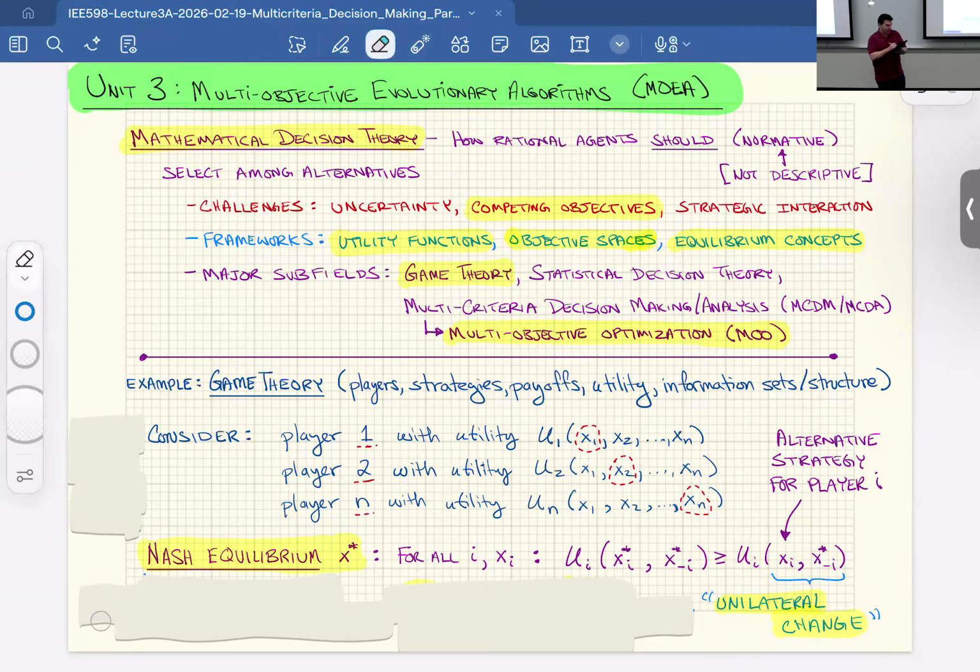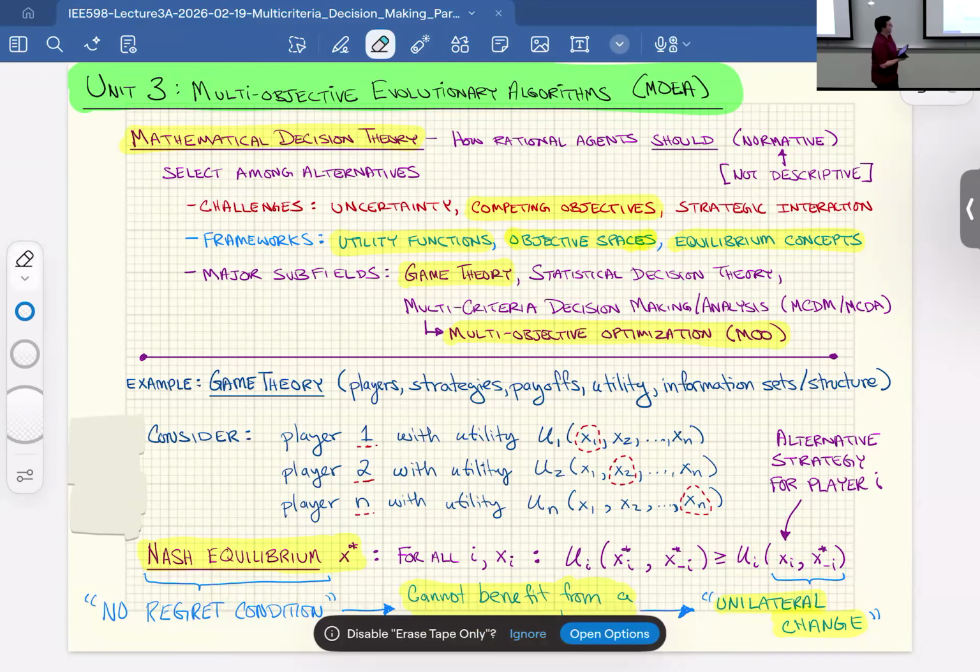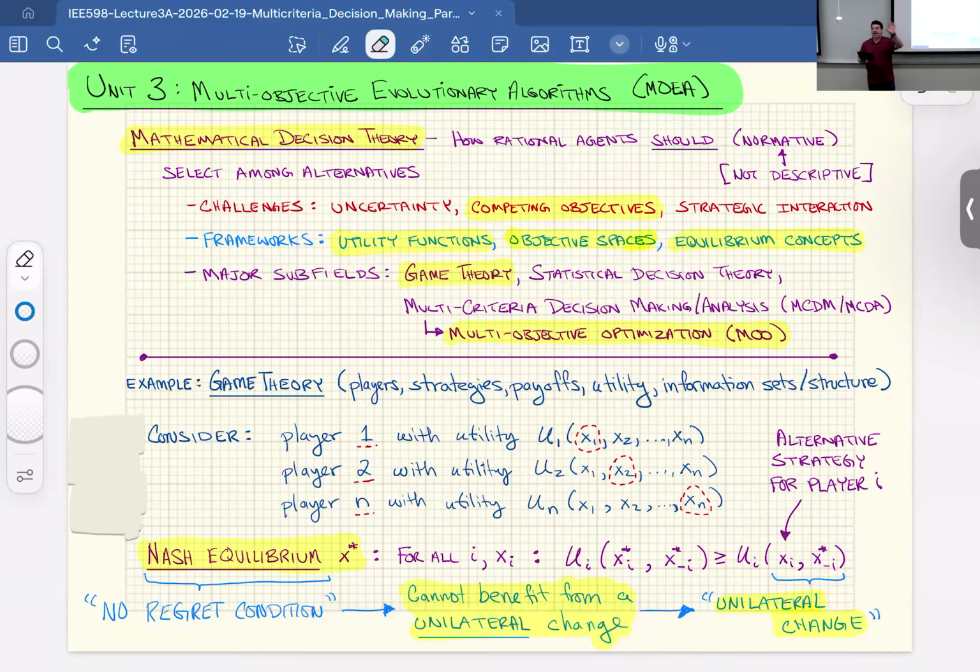So no unilateral change can benefit the player making that change. This is a kind of a no regret condition. So if the player is playing that, they might imagine a world where other players would play other things. And it's like, gee, if I could just get that player and that player and that player to play these different things, then if I played this different thing, I could be doing better. But if you can't move anybody else, if those are stuck, they're all playing the Nash, then I don't have any regrets because I can't control them.